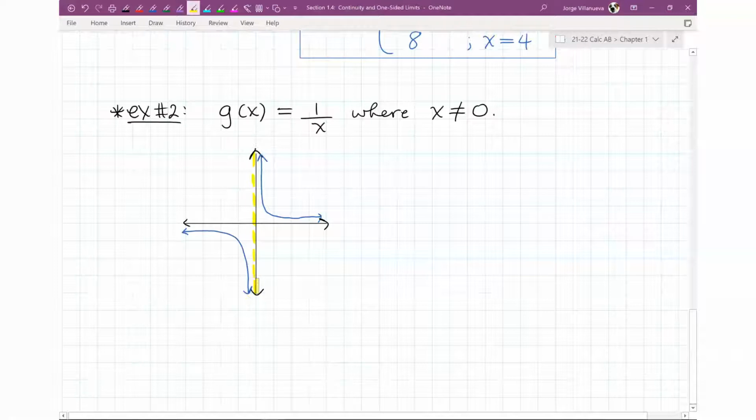Where's the hole for this graph? It's the whole y-axis, right? Well, I can't just use one finger to cover that up. I can't use 10 fingers to cover that up. I can't use an infinite amount of fingers to cover that up. It's the whole thing. It's impossible, right?